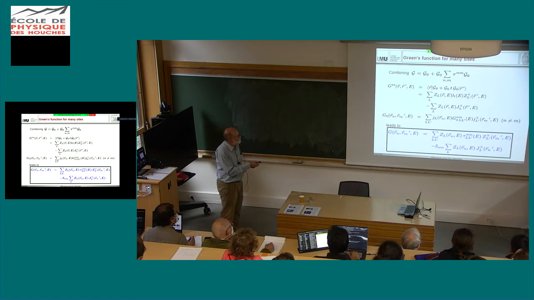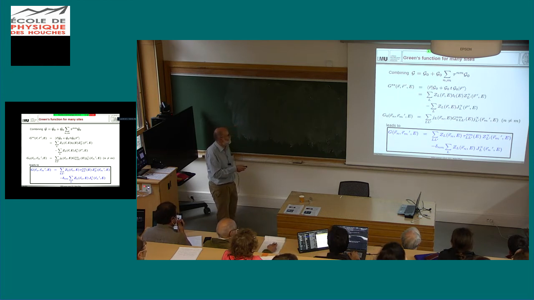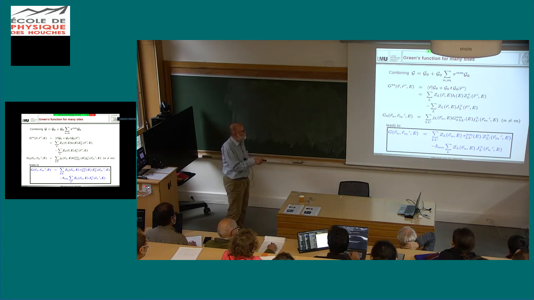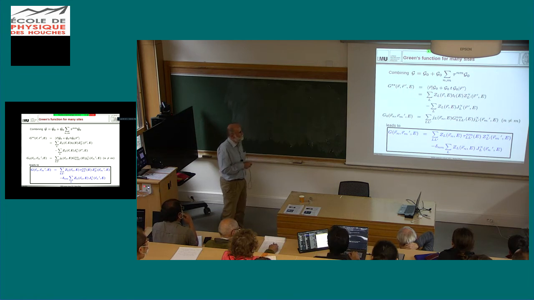So this is available, and now you plug in everything, and what you get then is that expression for the Green's function for any position in space R prime. So R and R prime could be in the same atomic cell. Then you have this nasty term that has an irregular solution included, J. Or you have R and R prime in different sites, and then you have only that term.